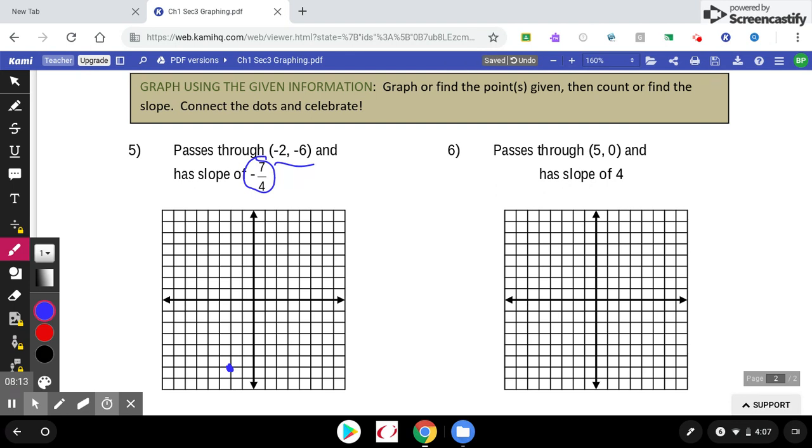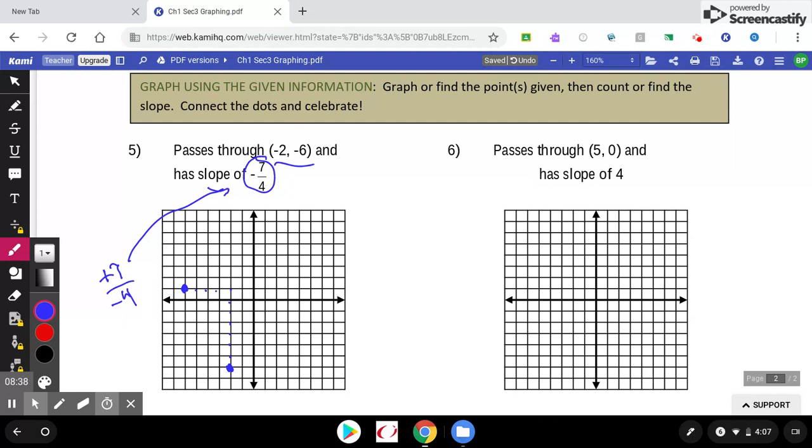We already got it. So what would happen if I tried to go down 7? Well, it's going to go off the graph. So I'm kind of forced to go up. So 1, 2, 3, 4, 5, 6, 7. And then 1, 2, 3, 4. Now, how did I know to go 4 that way? Well, if I went up 7 and left 4, that's the same thing as that slope right there.